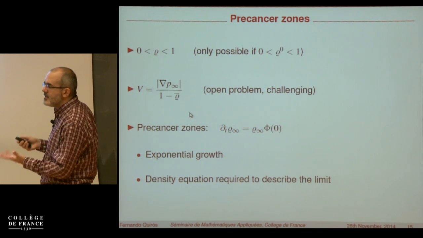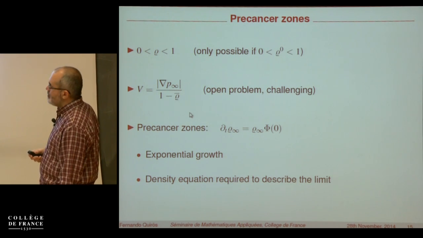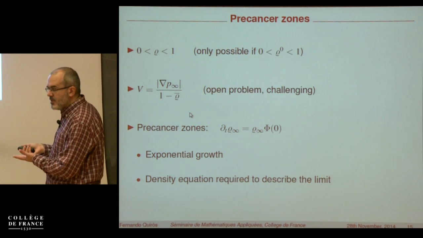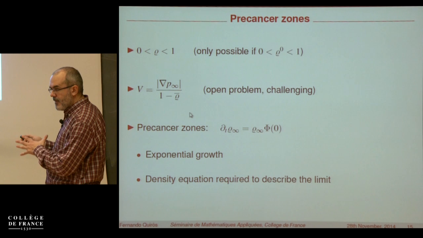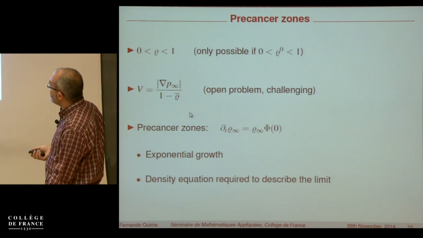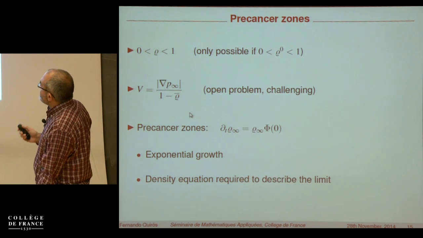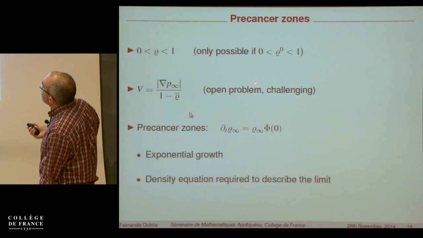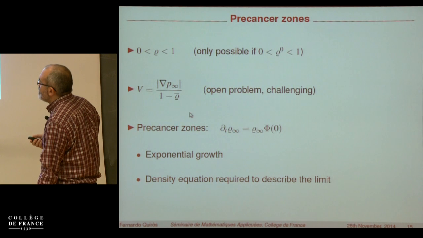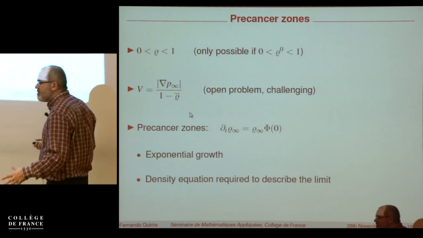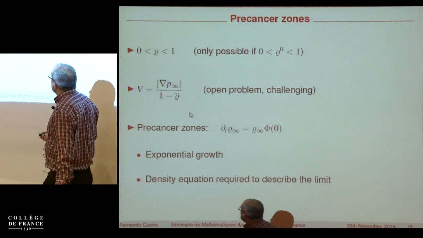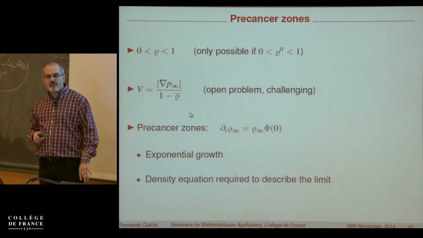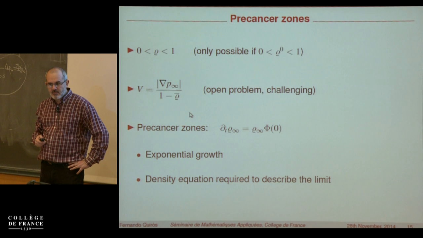When you reach the level 1, things cannot grow more without developing a pressure, because rho and p are related by the Hele-Shaw graph. But if we have initial mushy regions, the free boundary problem is not enough to describe this limit. You need the density equation.